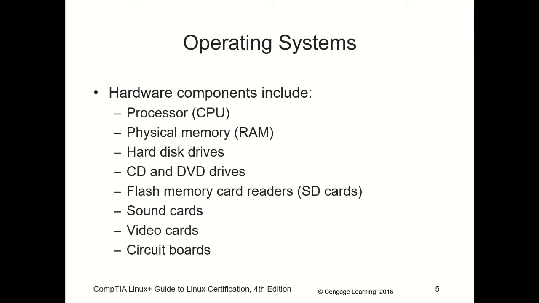You have CD and DVD drives. These days those are becoming obsolete, but still used somewhere, right? And then the flash memory card readers, sound cards, video cards, and of course the circuit boards.